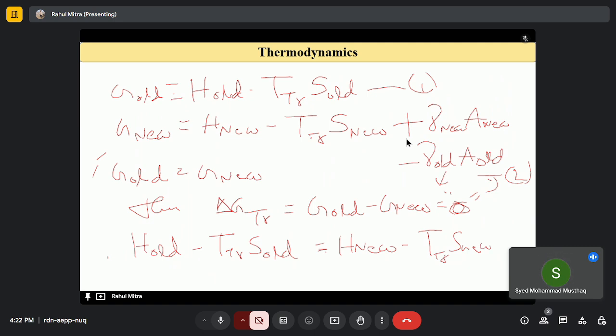Here the new area and the old area are both equal, because the amount being lost is equal to the amount being generated.